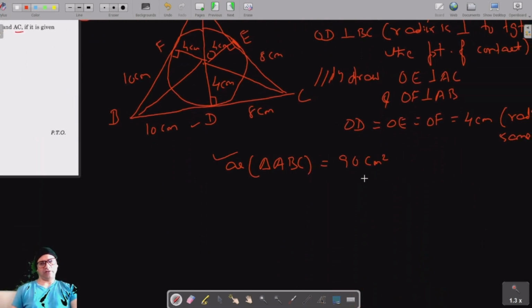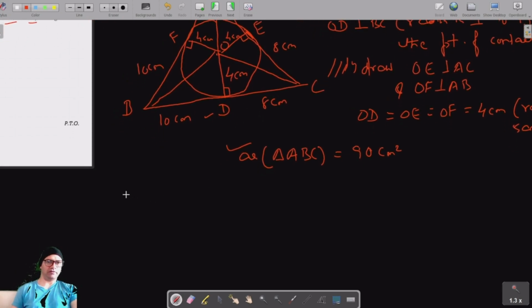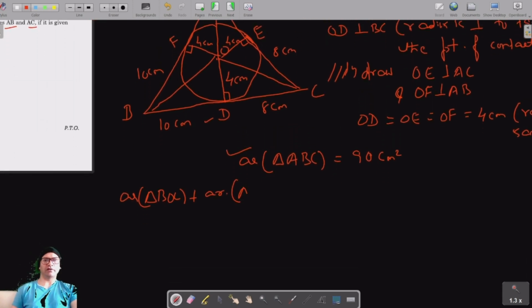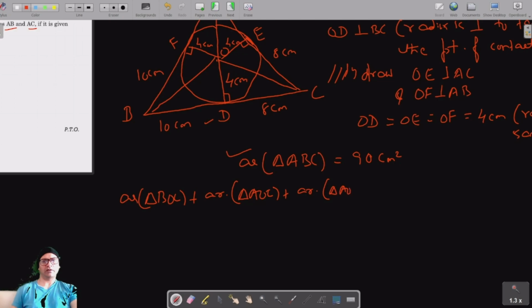Okay, so it's given that the area of triangle ABC is 90 centimeters square, and the area of triangle ABC is the sum of the areas of triangle BOC plus area of triangle AOC plus area of triangle AOB, which is equal to 90.